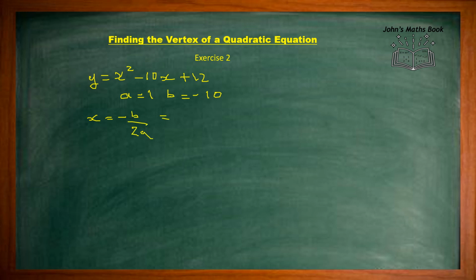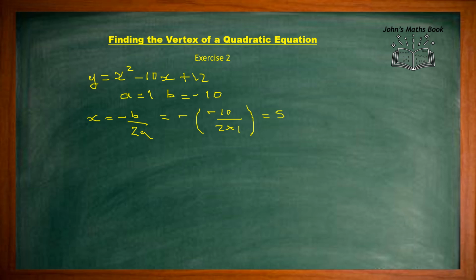So if we solve that, we have minus b, so that's a minus. So b is minus 10, so that's minus 10 divided by 2 times 1. So that's minus 10 divided by 2 gives minus 5, and then minus 5 becomes plus 5. So that equals 5.